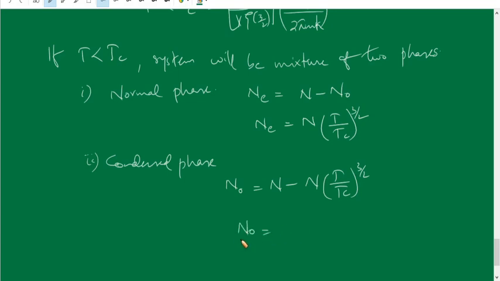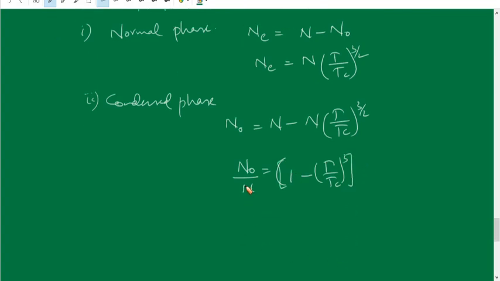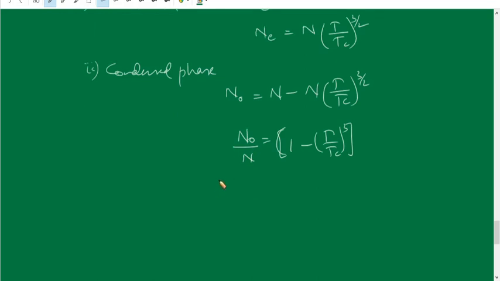Therefore the fraction n0 by n can be written as 1 minus t by tc whole raised to 3 by 2. So this fraction is in the condensed phase. Only if T is less than Tc will the condensed phase exist, otherwise it will only be in the normal phase.